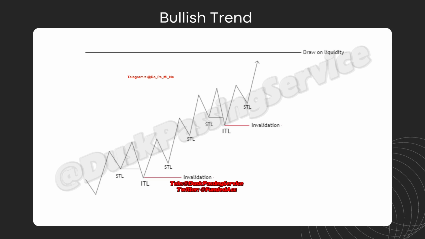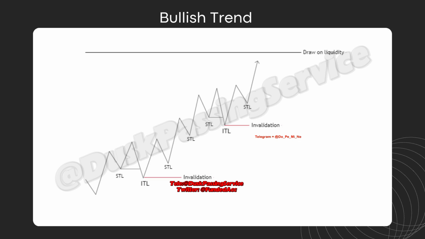A protected low or an intermediate term low or a protected high or intermediate term high are basically swing points which form after rejection below highs and lows, right? In either a bullish trend or bearish trend, right? And they've got two short-term highs and lows to its opposite side, right? And that is why we call these type of short-term highs and lows intermediate term lows or highs, right?